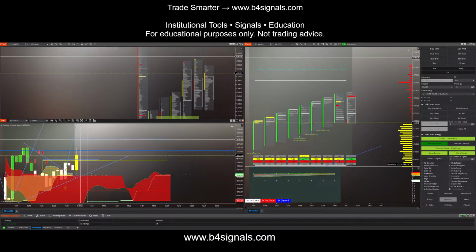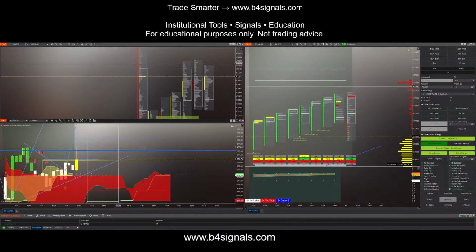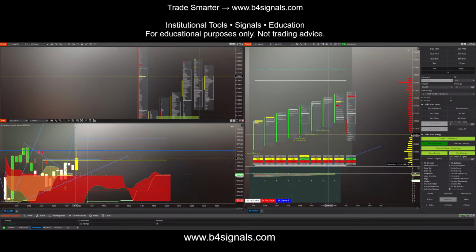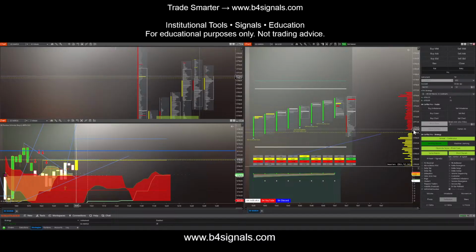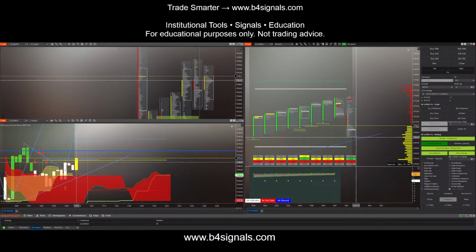Right here. But we are extended. Some of that needs to sell off. People need to take profits. Let's see if they're going to buy back into it.